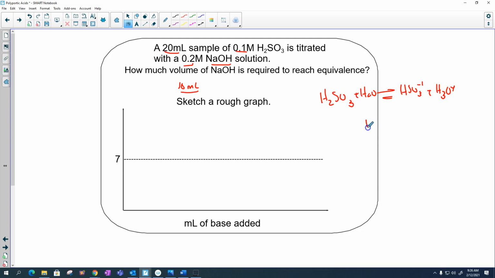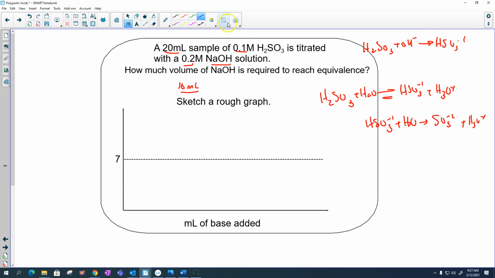And then I have this guy, HSO3 minus 1 plus H2O yields SO3 minus 2 plus H3O plus. Now, I'm just showing hydrolysis. The neutralization reaction is not this. It would be H2SO3 plus OH negative yields HSO3 minus 1.